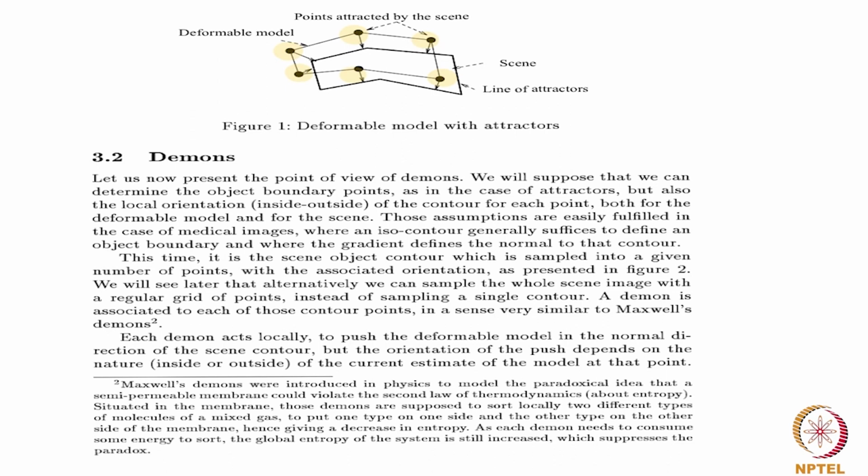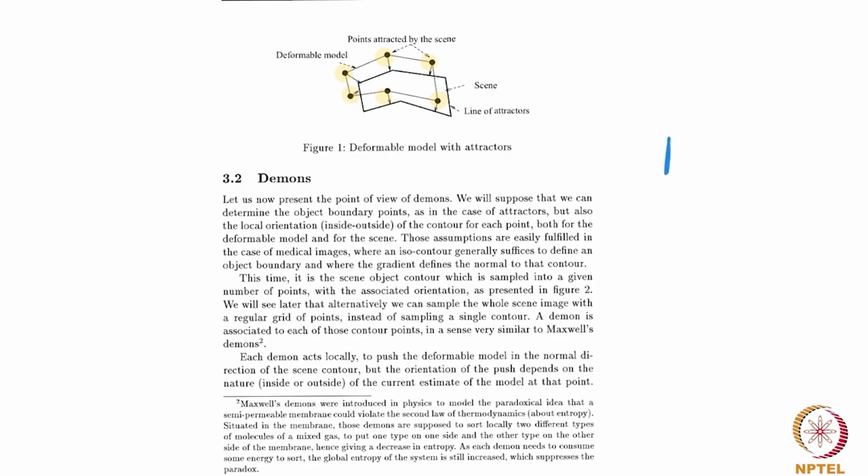So why are they called demons? Because there's a very similar concept. The demons concept was introduced in physics. The idea is if you have a semi-permeable membrane, something like a membrane here, and then you have different types of molecules, A and B, circles and crosses, and then there are these demons sitting here.